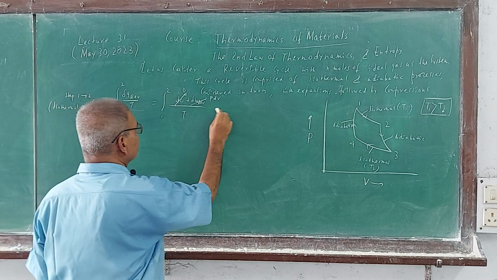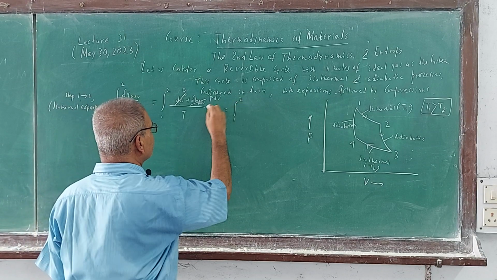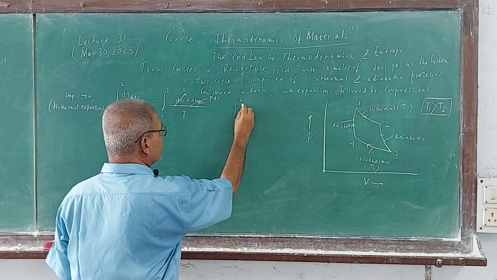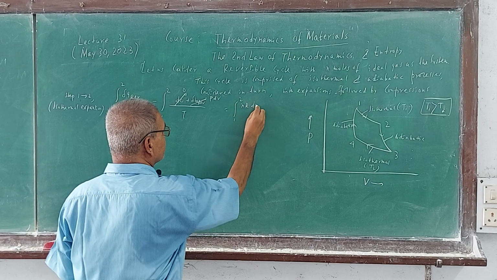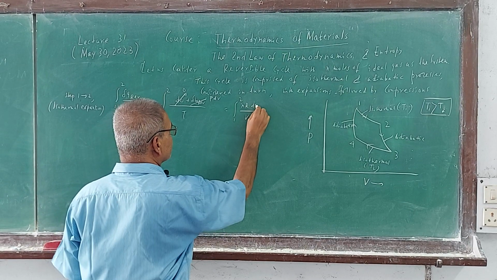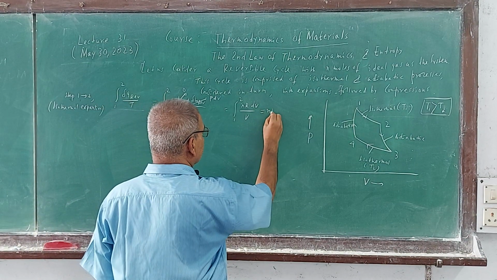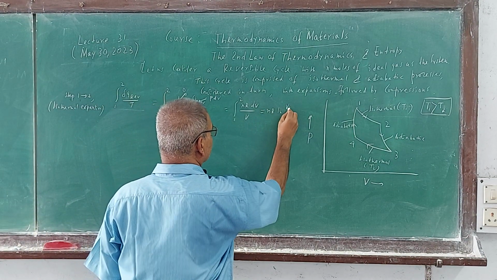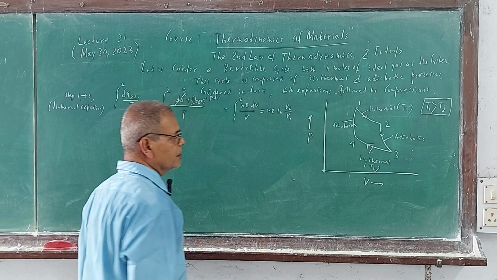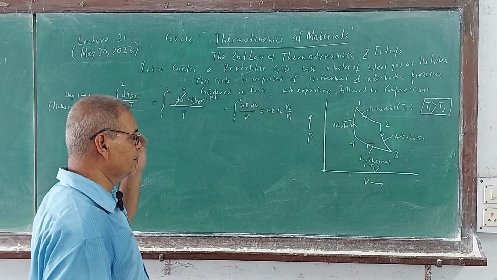So P by T is nR by V, so it is the integral of nR dV by V. Just check this. It is nR ln V2 by V1.